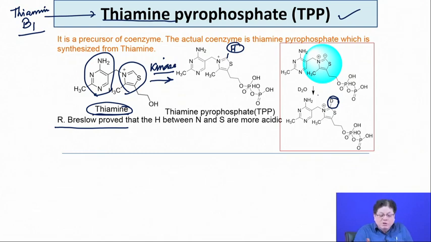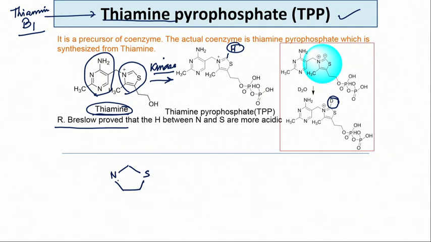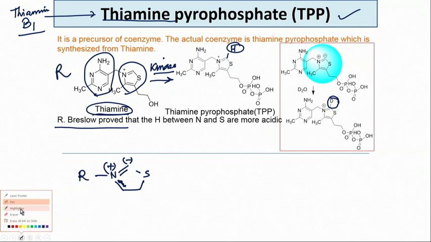If this hydrogen is very acidic, Breslow proposed a structure which looks like this for thiamine pyrophosphate. This is a minus, that means the hydrogen is removed. I just represent this by R, nitrogen is plus, and sorry, I am extremely sorry, the double bond must be on this side, and that is the OPP.